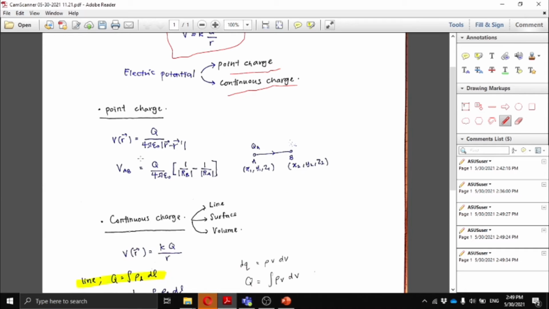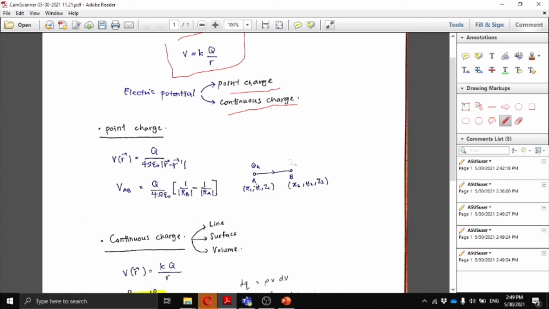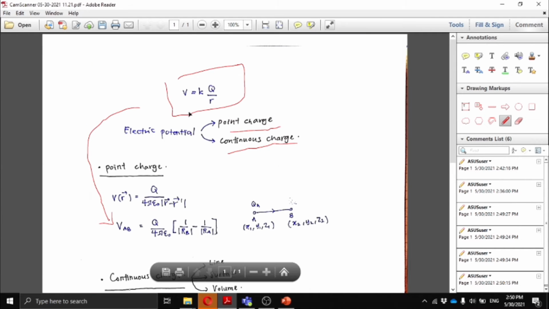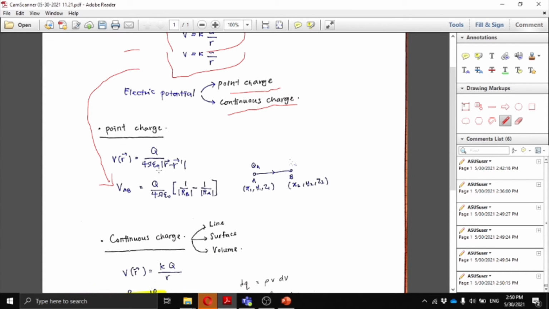If we have a point charge, let's say A with charge QA at a certain coordinate, we can find the potential difference from A to point B. From this formula, we can derive this formula. This formula is basically the same as the basic formula, where Q is the charge and K we change to 1 over 4 pi epsilon.